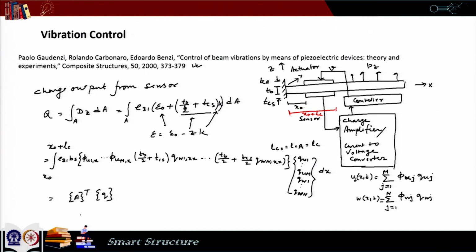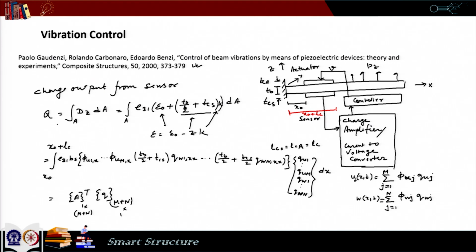Here A transpose is of size 1 by m plus n, and q is of size m plus n by 1. Just to summarize, we need the expression for charge from the sensor.